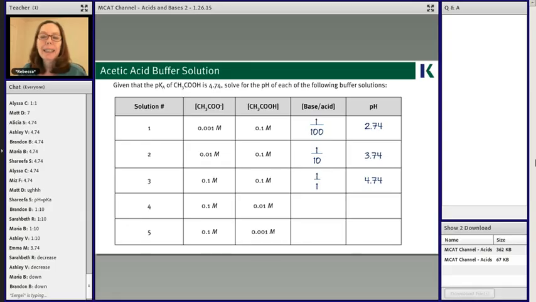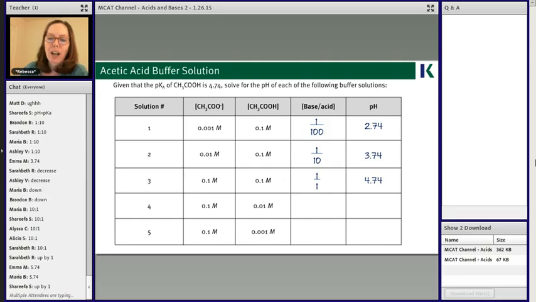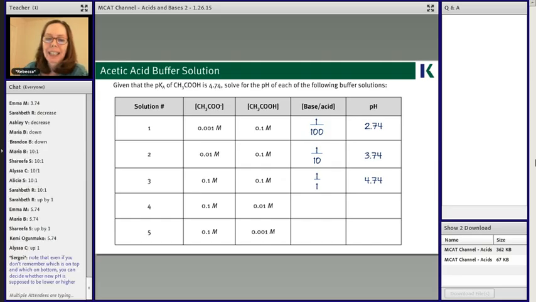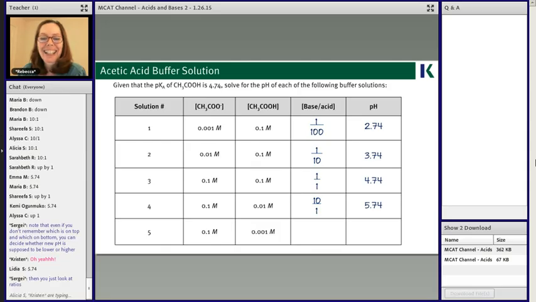All right, what about the other way? Row 4, what's our ratio there? 10 to 1. And so what's going to happen to our pH? It's going to go up by 1 to 5.7. Look at this. And what have we got for our final entry in the chart?